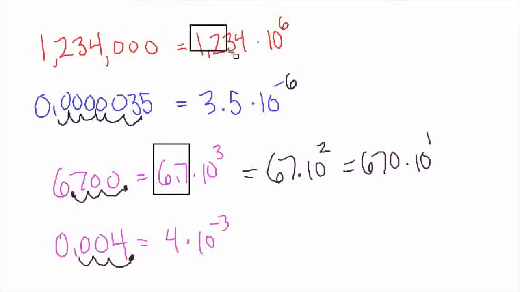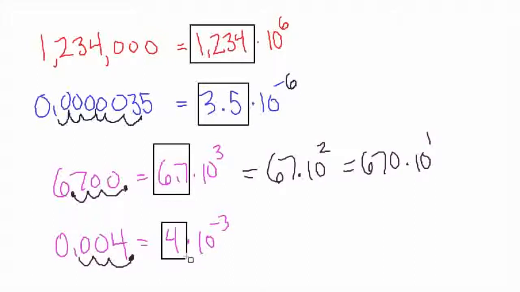If you look, I always had a number that was between 1 and 10. Now these other answers are not incorrect, it's just that we would prefer that you use the number on the left to be between 1 and 10. All right. Scientific notation is defined with the number between 1 and 10, not a bigger or smaller number.